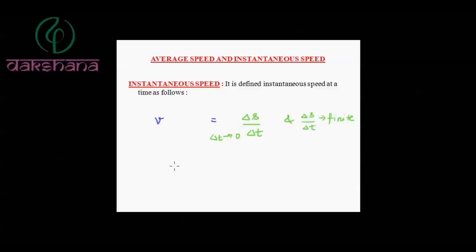So v will be equal to ds by dt. Pictorially we will see in a subsequent slide how it comes out to be the derivative of distance with respect to time. So instantaneous speed is defined as the derivative of distance with respect to time at that particular instant t.